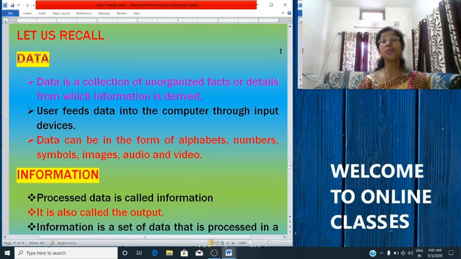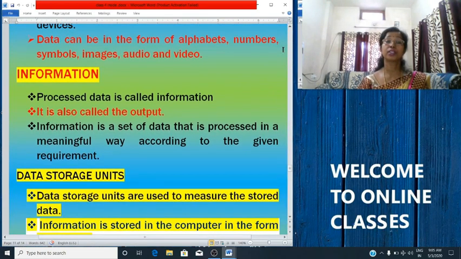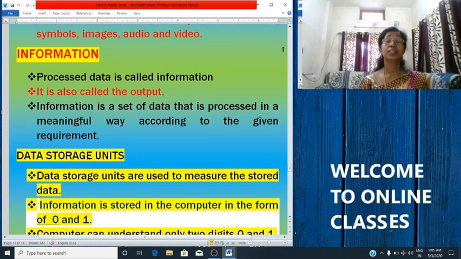Data can be in the form of alphabets, numbers, symbols, images, audio, and video. Now, information. What is information? The processed data is called information. It is also called the output. Information is a set of data that is processed in a meaningful way according to the given requirement.